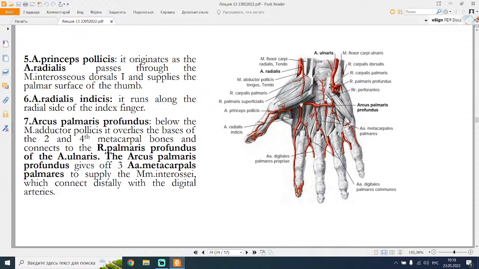The arcus palmaris profundus gives off the next arteries, arteriae metacarpales palmares, these 3 arteries. They supply musculus interosseus and connect distally with the digital arteries.